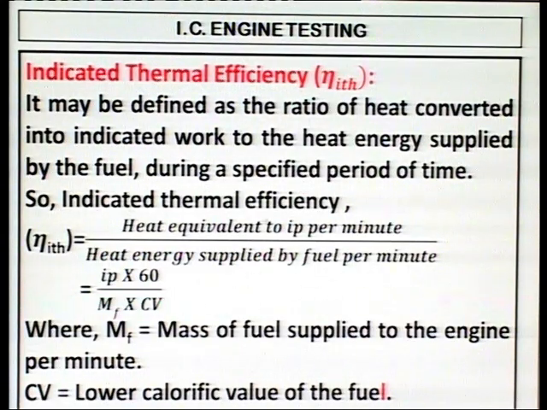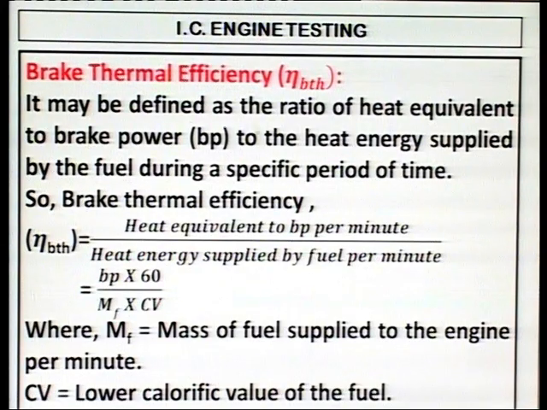So, indicated thermal efficiency is equal to heat equivalent to IP, indicated power per minute, to the heat energy supplied by the fuel per minute, that is IP multiplied by 60 divided by MF multiplied by CV. Here MF is equal to mass of fuel supplied to the engine per minute, and CV is equal to lower calorific value of the fuel.